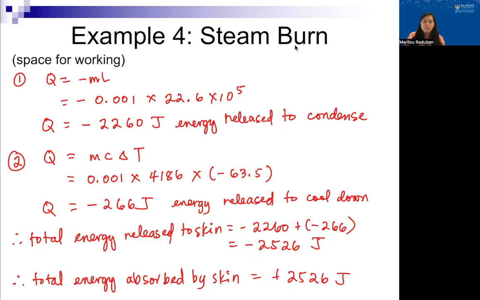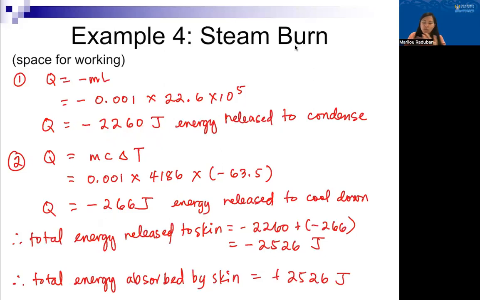Here you can see why steam burn is really more dangerous, because the heat released during condensation, the heat released when steam converts to water, is so much bigger. It's about 100 times bigger than the heat released by purely hot water cooling down on the skin.